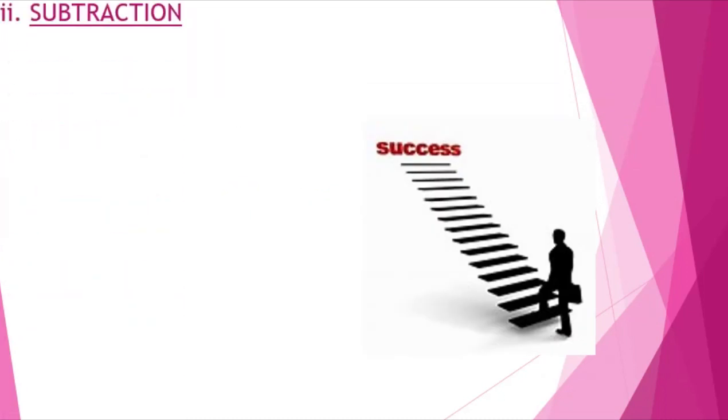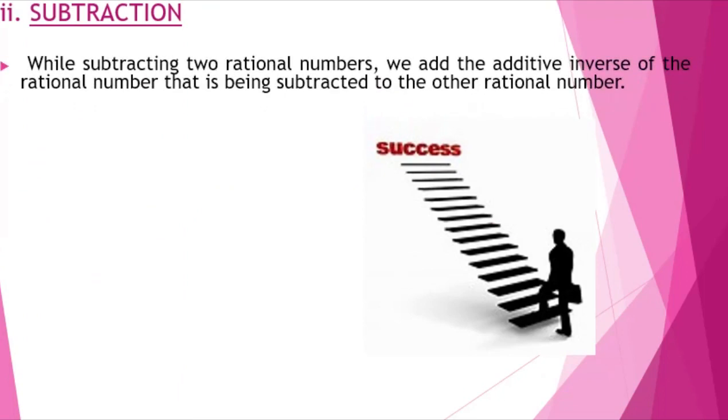Our second operation on rational numbers is subtraction. While subtracting two rational numbers, we add the additive inverse of the rational number that is being subtracted to the other rational number. For example, 2 integer 1 upon 5 minus 1 by 3.